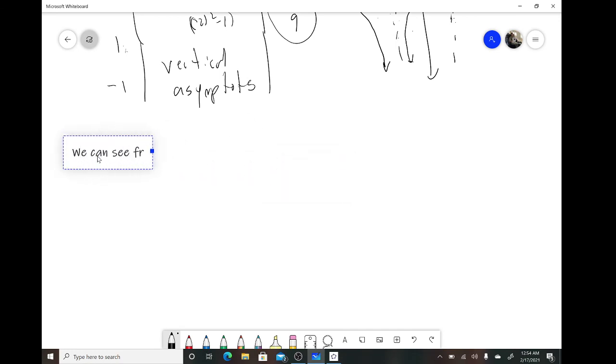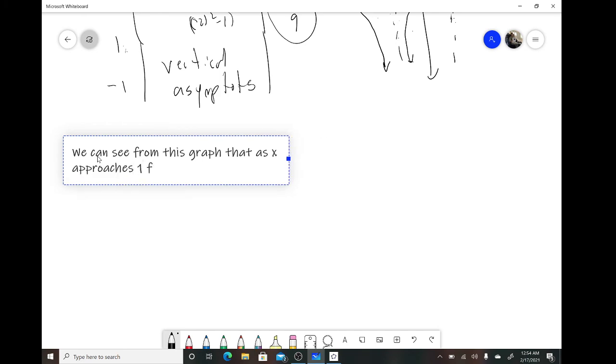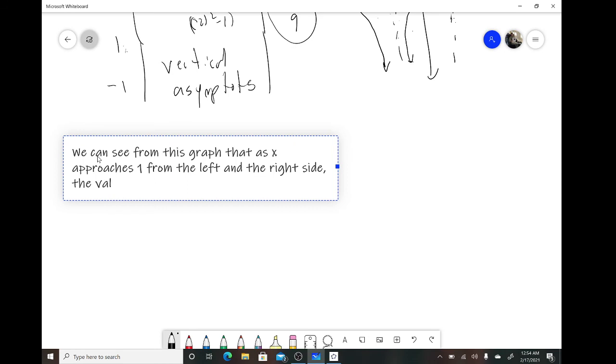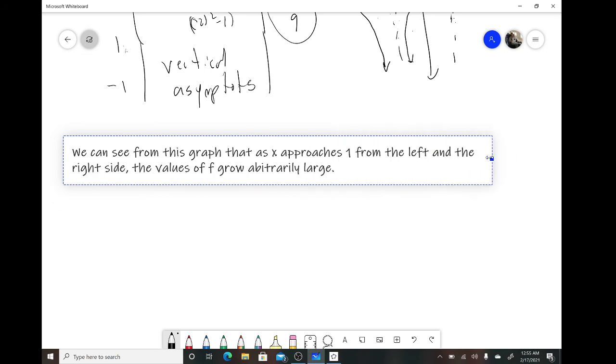We can see from this graph that as x approaches 1, from the left and the right side, the values of f grow arbitrarily large. Notice, put an R after this. There's no R there.